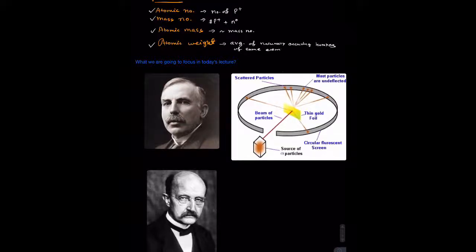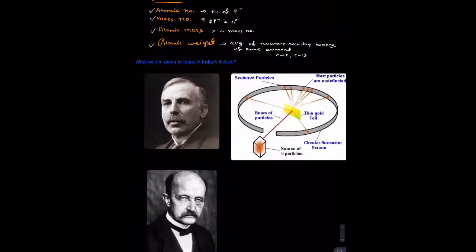For example, carbon 12 and carbon 13. If you average them, you're going to get the atomic weight for that particular carbon, which you're going to see in the periodic table. The periodic table shows the atomic weight, which is the average of naturally occurring isotopes.